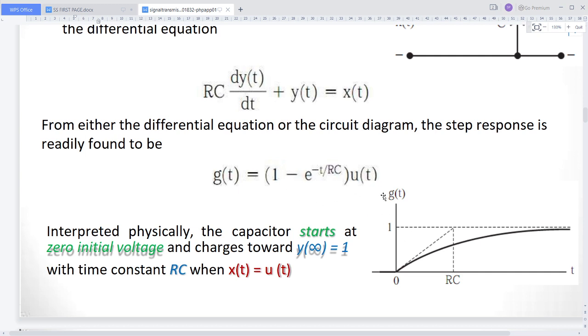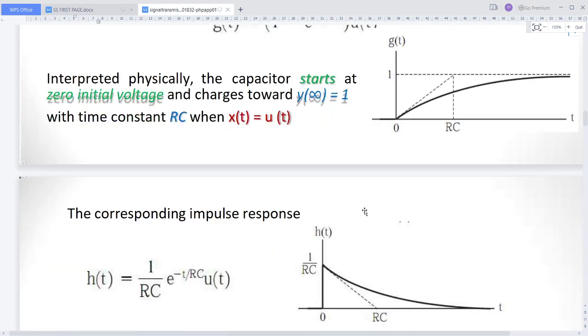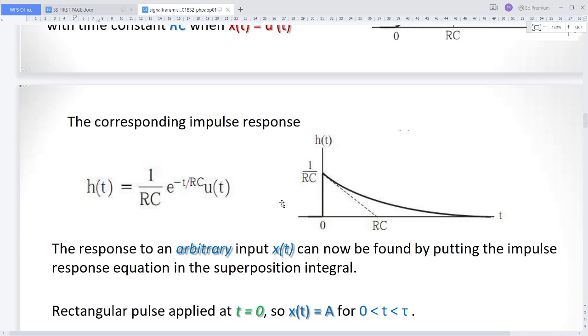By plotting g of t versus t, taking various values of t, you can get the slope of that particular g of t like this, such that for the corresponding impulse response you can go with h of t equal to 1 by RC into e to the power of minus t by RC into u of t.